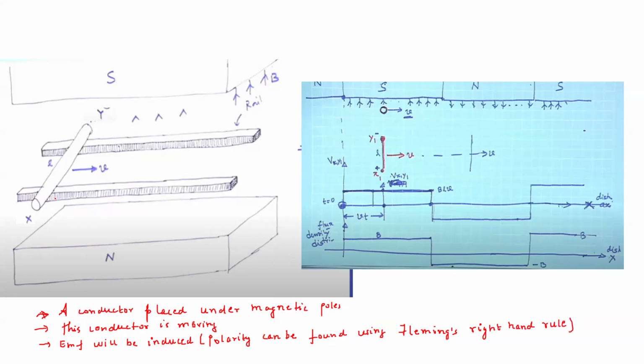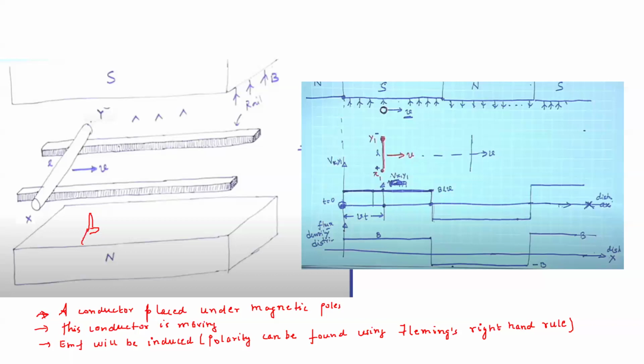Here, if you keep your thumb in the direction of velocity, and your index finger in the direction of the magnetic field, it will be pointing upwards, because the magnetic field is upward from north to south. Then you will find that your current will be going like this.